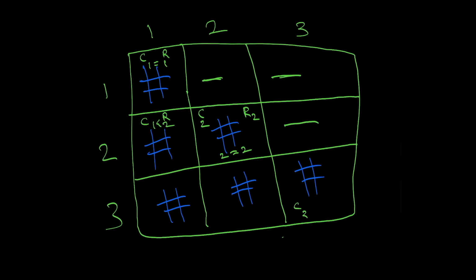There's column 3, row 3. We can see that 3 is equal to 3. Just by looking at this, we know that all the columns that have the pound symbol satisfy this condition: column is either less than or equal to the row.